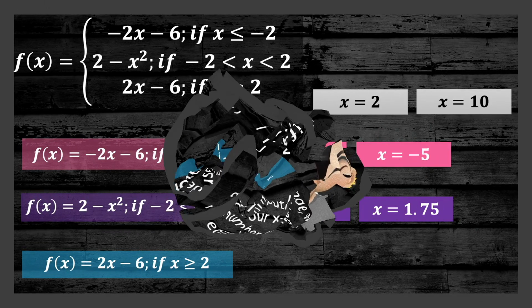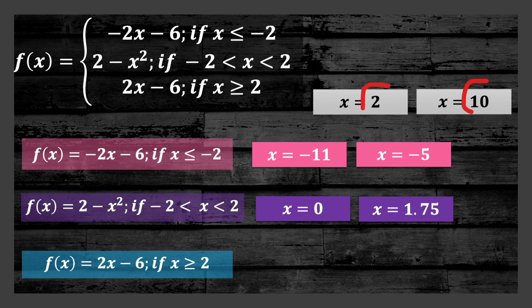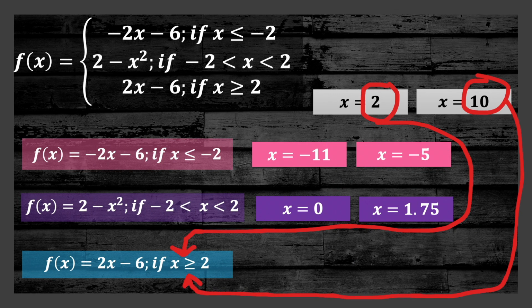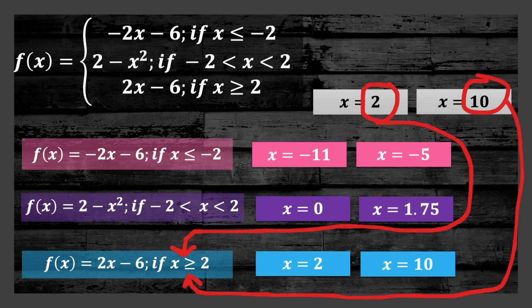Finally, since +2 and +10 are x values equal and greater than +2, we will use f of x equals 2x minus 6 to solve for f of 2 and f of 10.